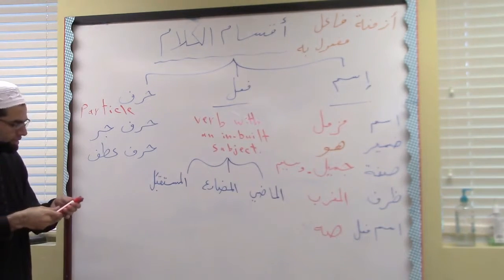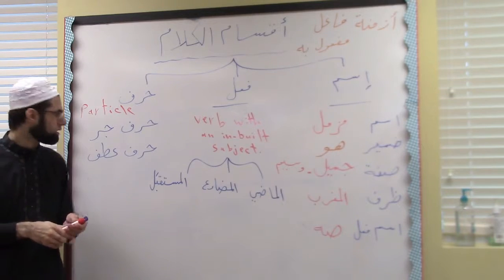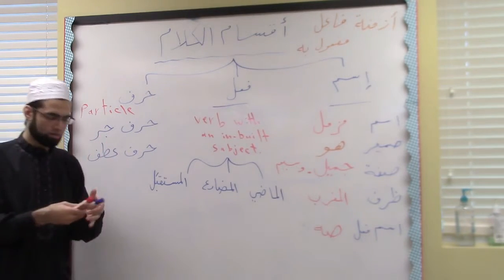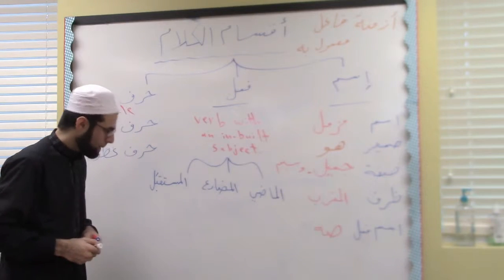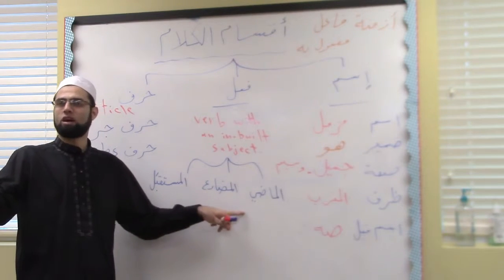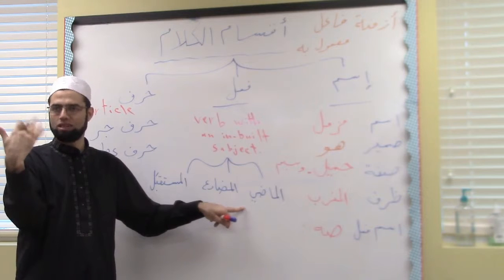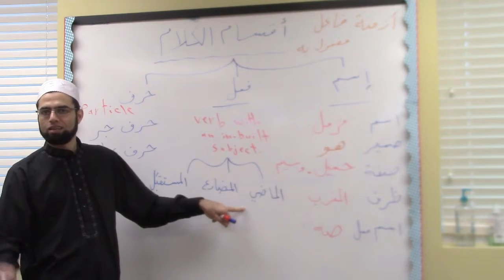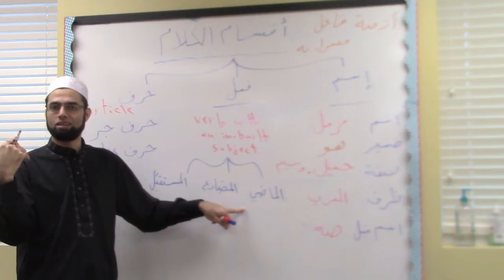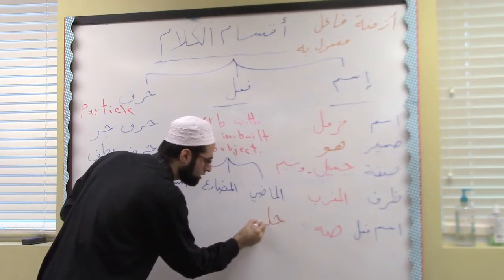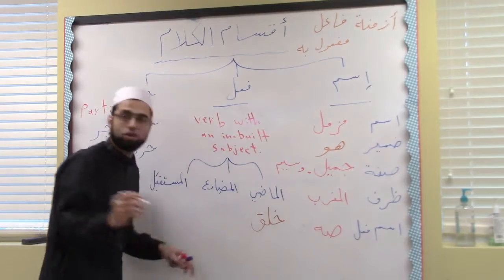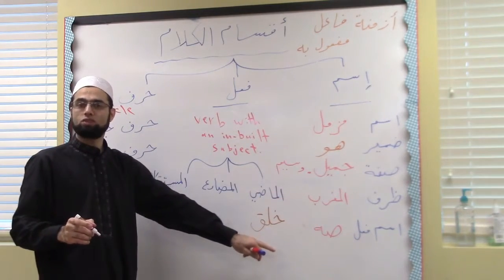تمام? Let's take just one example of each and then we're done. الماضي, يلا give me an example. خلق. Yalla, learn this verb. You are required to learn all of this vocabulary.